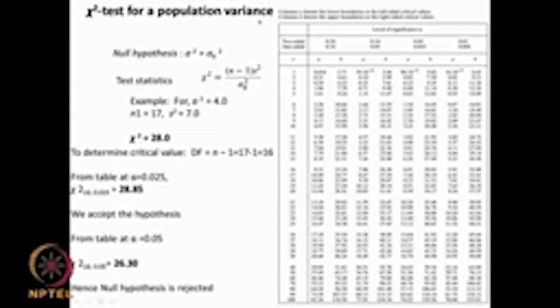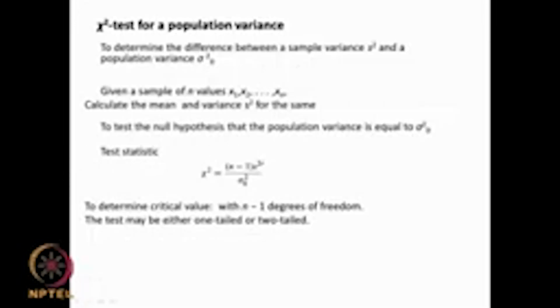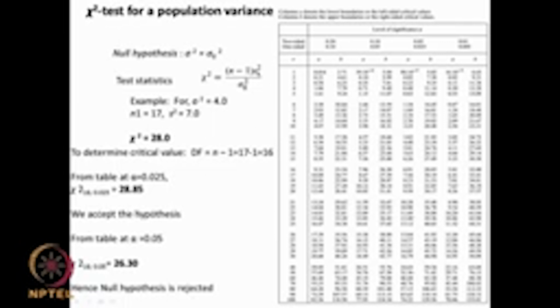So, let us look at this simple problem, just for understanding. The null hypothesis is sigma square equals sigma naught square. The alternate is that they are not equal. What is the test statistic? Like I said, n minus 1 times s square, where s is your sample standard deviation, divided by sigma naught square. Sigma is given as 4, the number of data points is 17, and s square is 7.